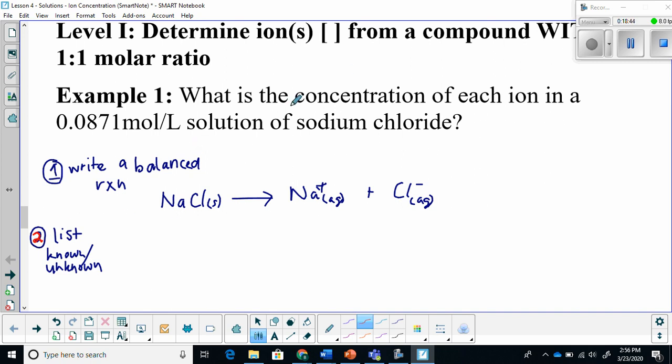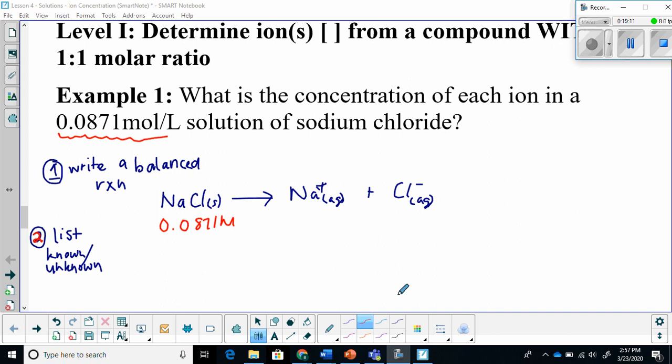What is the concentration of each ion if we have a molar concentration of 0.0871 sodium chloride? Okay, so it's saying that we have 0.0871 moles per liter of sodium chloride. Sorry, let me fix it. I'll be right back.